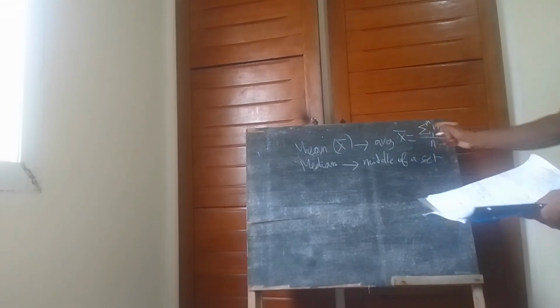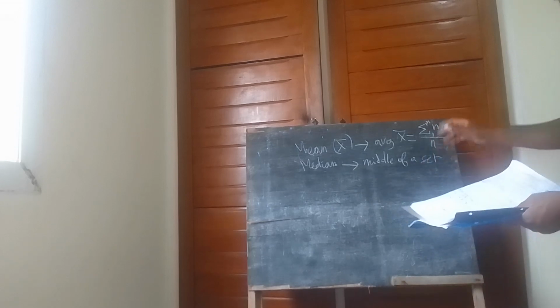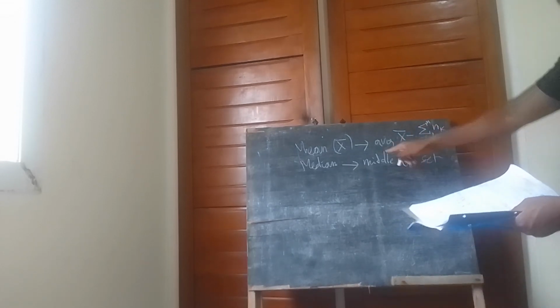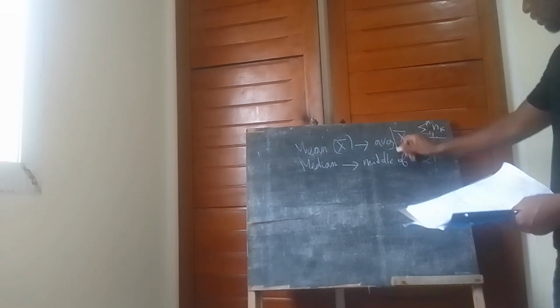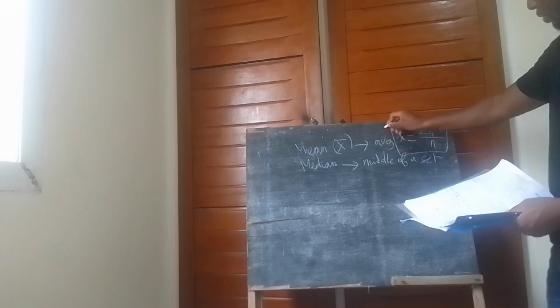You want to sum all the numbers, add them up, and then divide it by the total number of things to get an average. That's the mean, and it is defined as such.